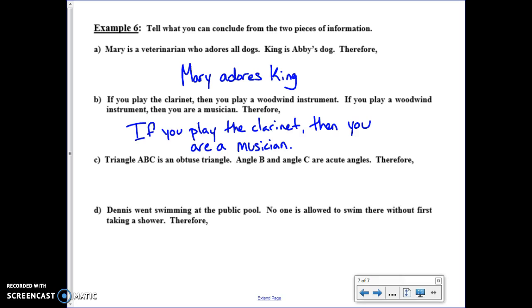Okay, triangle ABC is an obtuse triangle. Angle B and angle C are acute angles. Therefore, well, if you know an obtuse triangle has to have at least one obtuse angle, and it can only have one obtuse angle, if we know B and C are acute, then angle A is an obtuse angle.